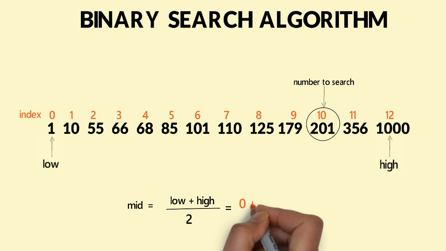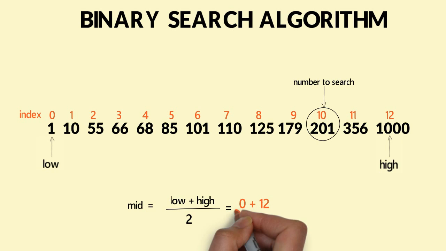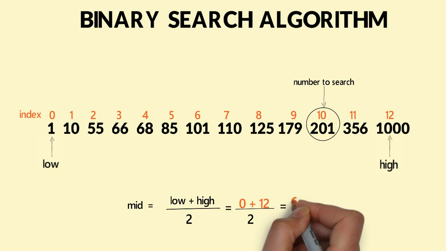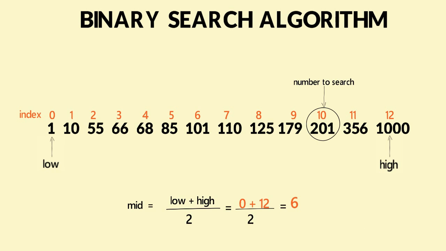So now to find the mid element, we do 0 plus 12, the indexes of low and high added together, divided by 2, which gives us mid as 6. The element at the 6 position, or the mid position, is 101.